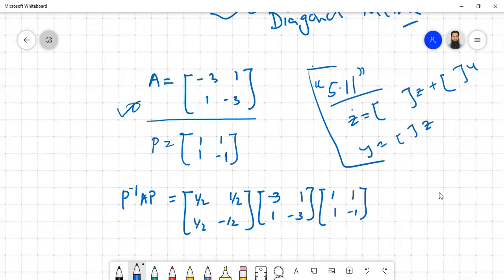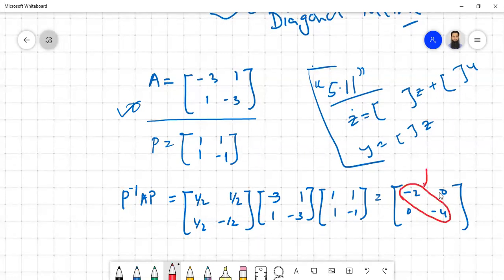So if you multiply all of them together, the result will be minus 2, 0, and 0, minus 4. So as you can see, the new system matrix is a diagonal matrix. And also the eigenvalues, or in other terms the poles of the system, are actually coming on the diagonal.